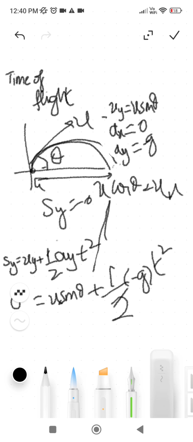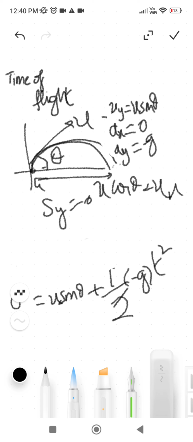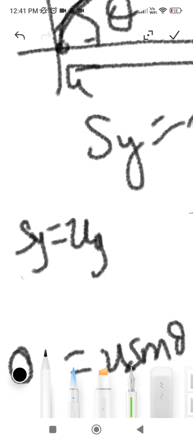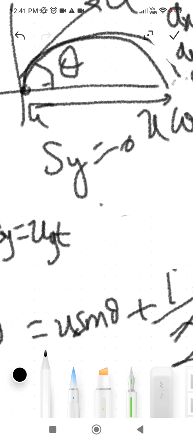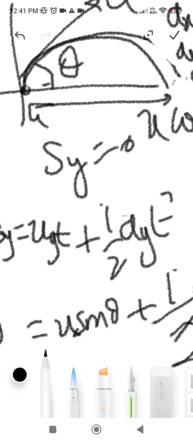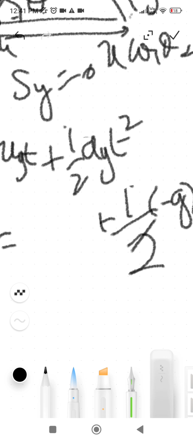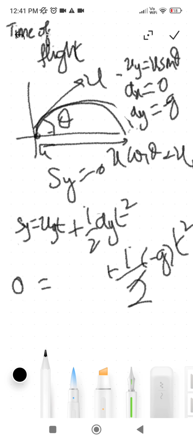This is equal to ut plus half a t square. Sorry, we'll be having one more t here. So y is equal to uy t plus half ay t square, right? So it will be u sin theta. Let me denote time of flight as capital T here.